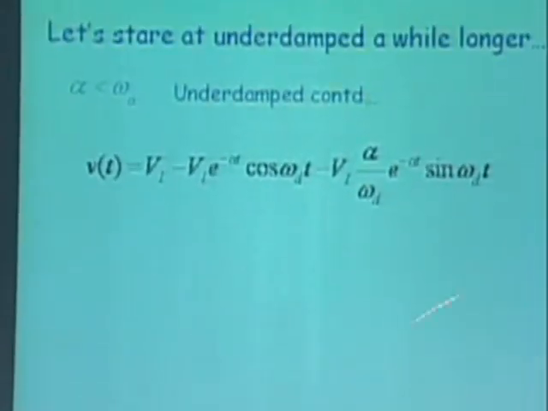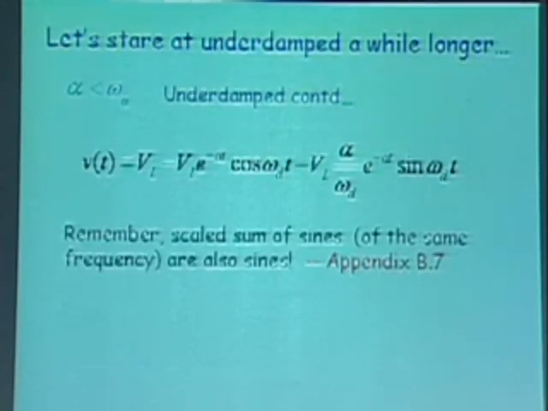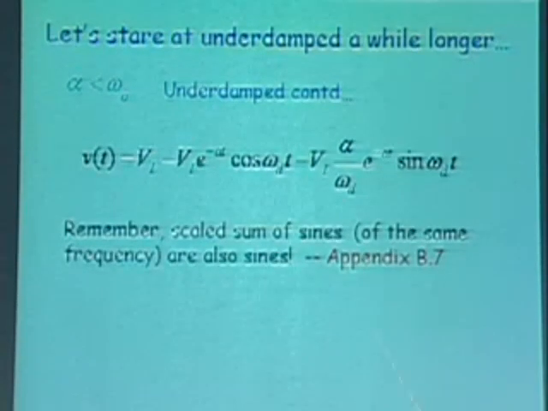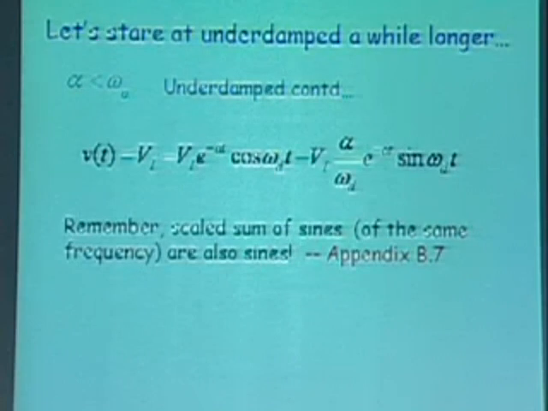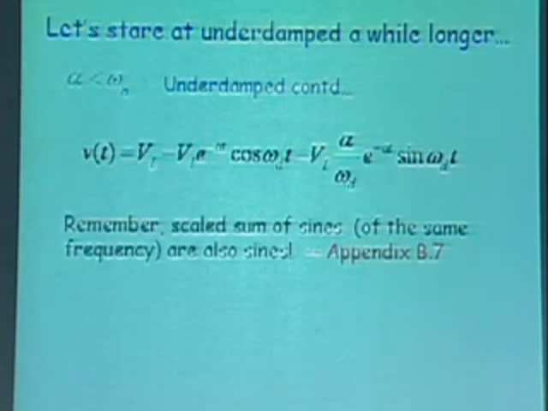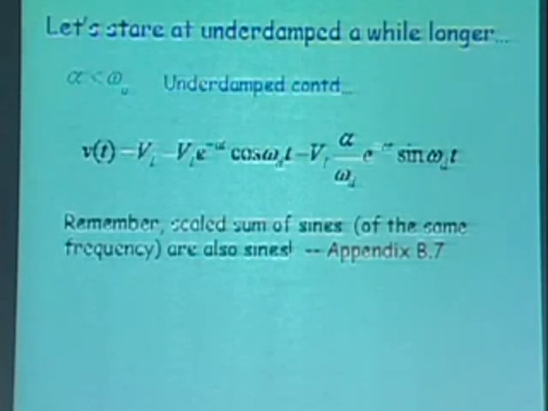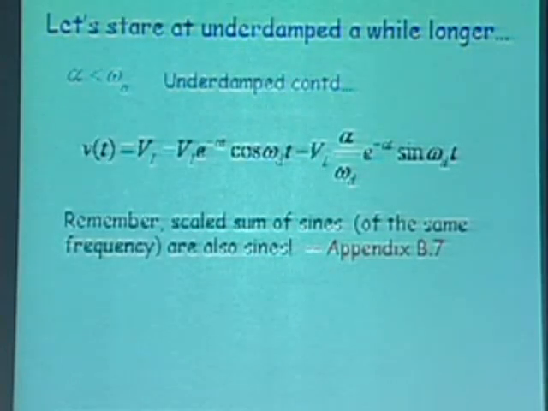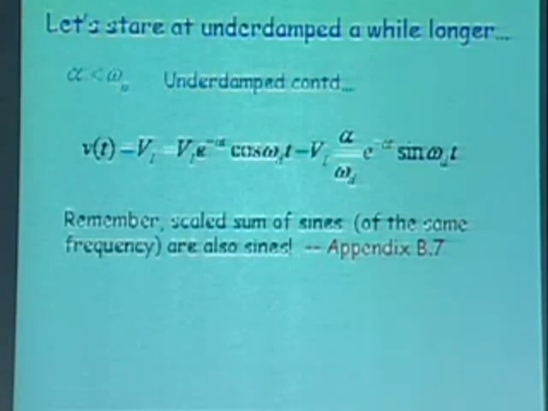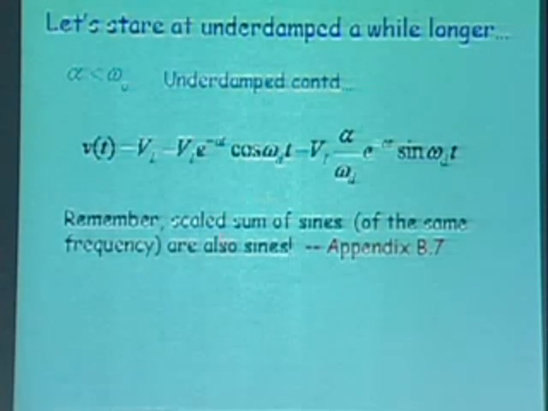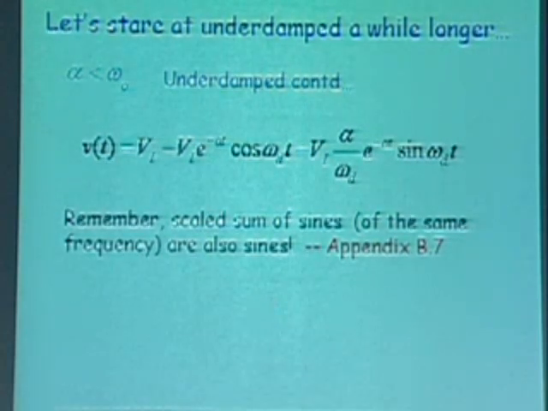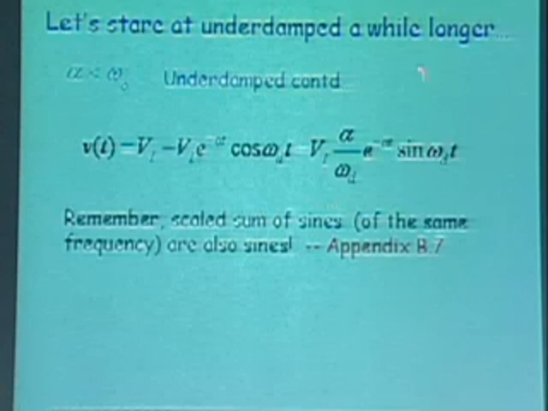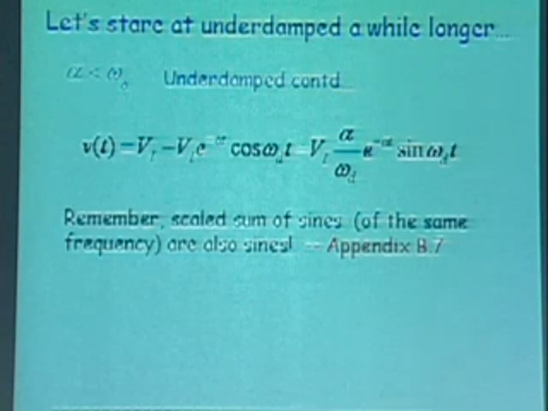Okay, so let's go back to this situation and simplify it further. If you look at Appendix B7 in your course notes, Appendix B7 is a quick tutorial on trig. And in that trig tutorial, you will see, and you've probably seen this before multiple times, that sums of sines are also sines.